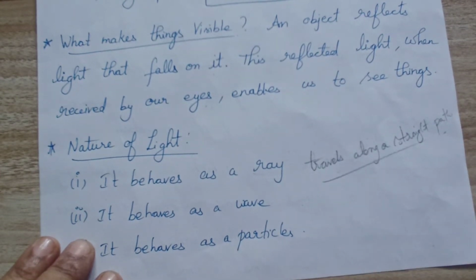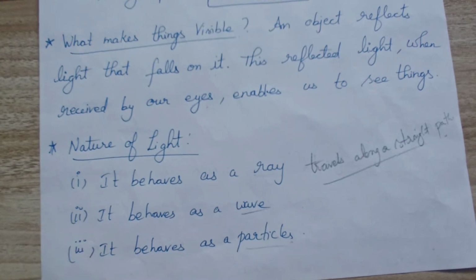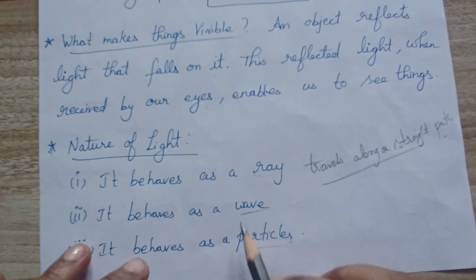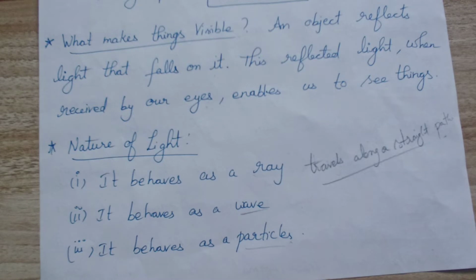But it behaves as a wave also, and as a stream of small particles also. Wave means whenever it passes through an obstacle, when there is a bend, it will also bend, right? So it will behave as a wave and it will behave as particles also.